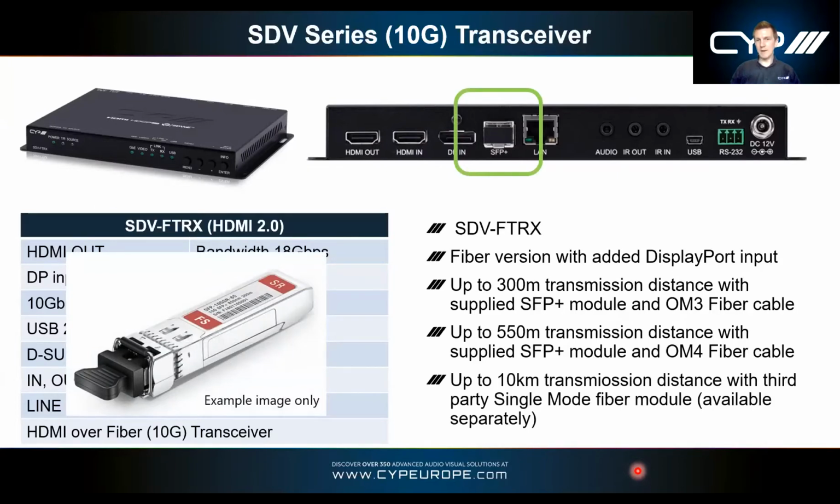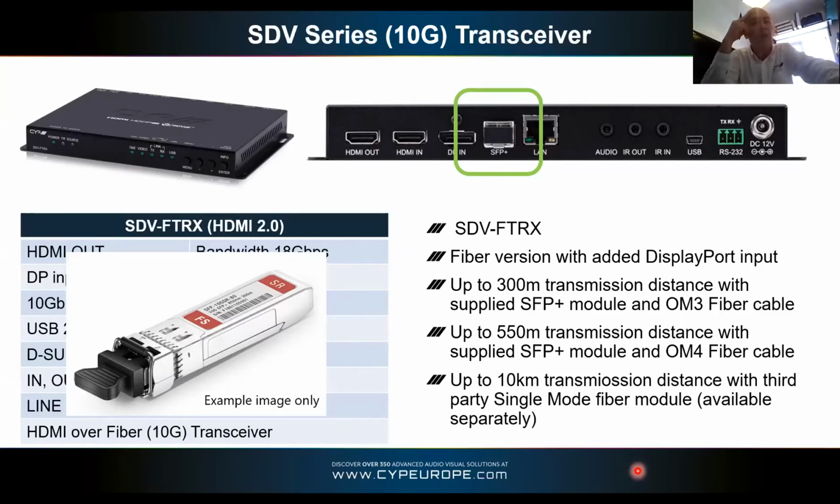Do you want to quickly go into single mode fiber? Yeah, there are different types of these modules. You can see from the example image that the modules just pull in and out of the unit, the same way as you would find on network switch hardware.